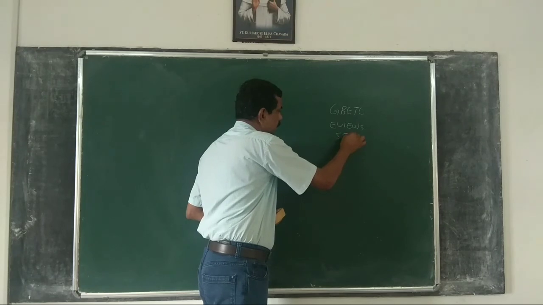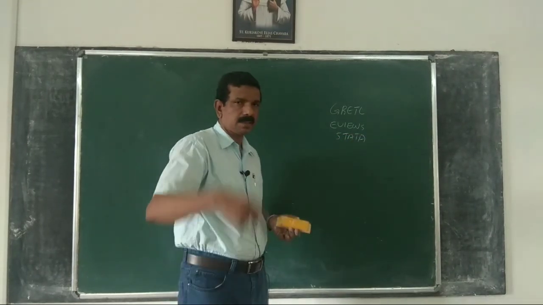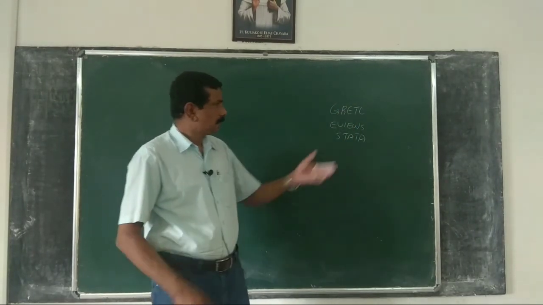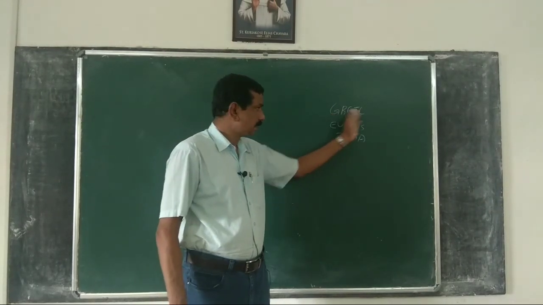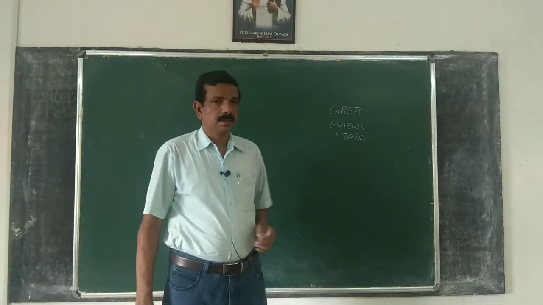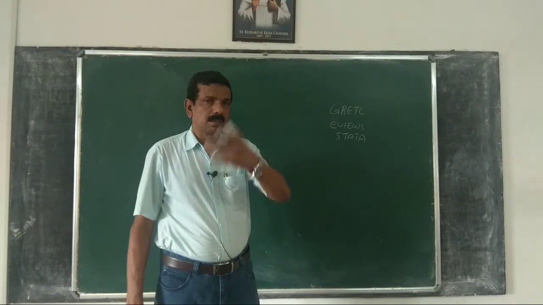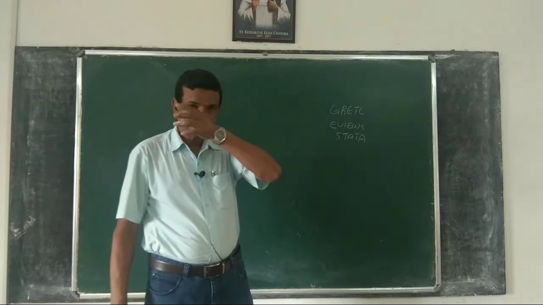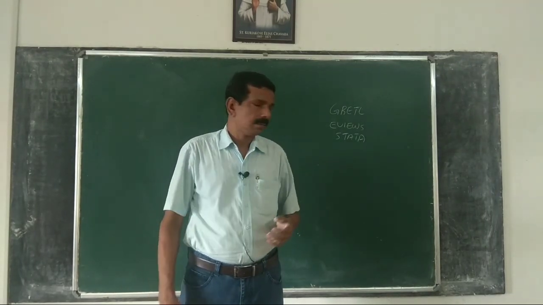Stata is there. Then SPSS, Minitab. So many software packages are available. The choice depends on your taste. Gretl is free, but for the others you have to pay. If you are interested in programming, R is the best software. And how to use software, we will discuss later in a future class.